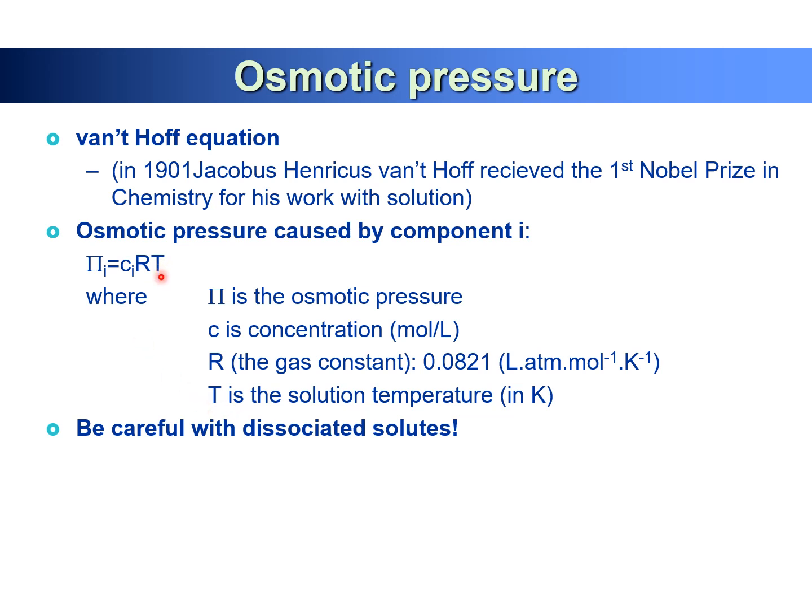When you have a high temperature, you have a high osmotic pressure because you can dissolve more salt and solubility is higher. And we have to consider the dissociated solute.